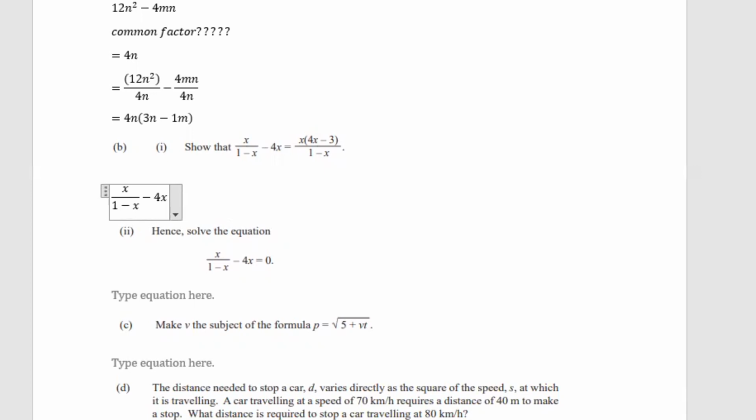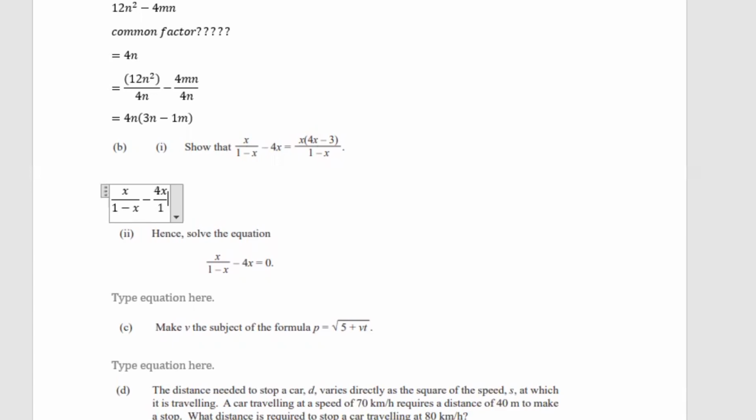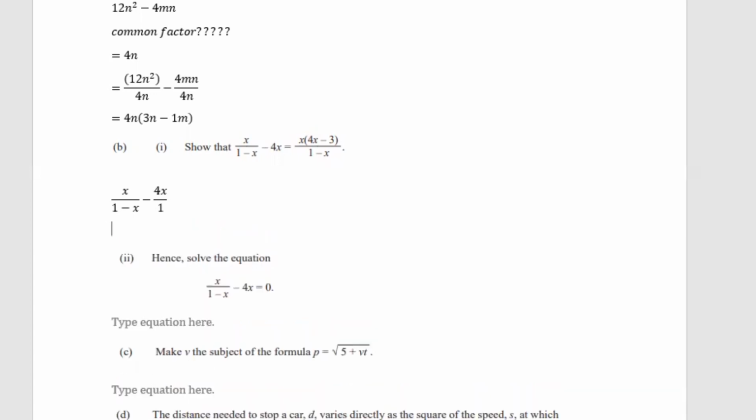So remember now, 4x would be the same as 4x divided by 1, which means that in this instance our common denominators here are 1 minus x and 1.